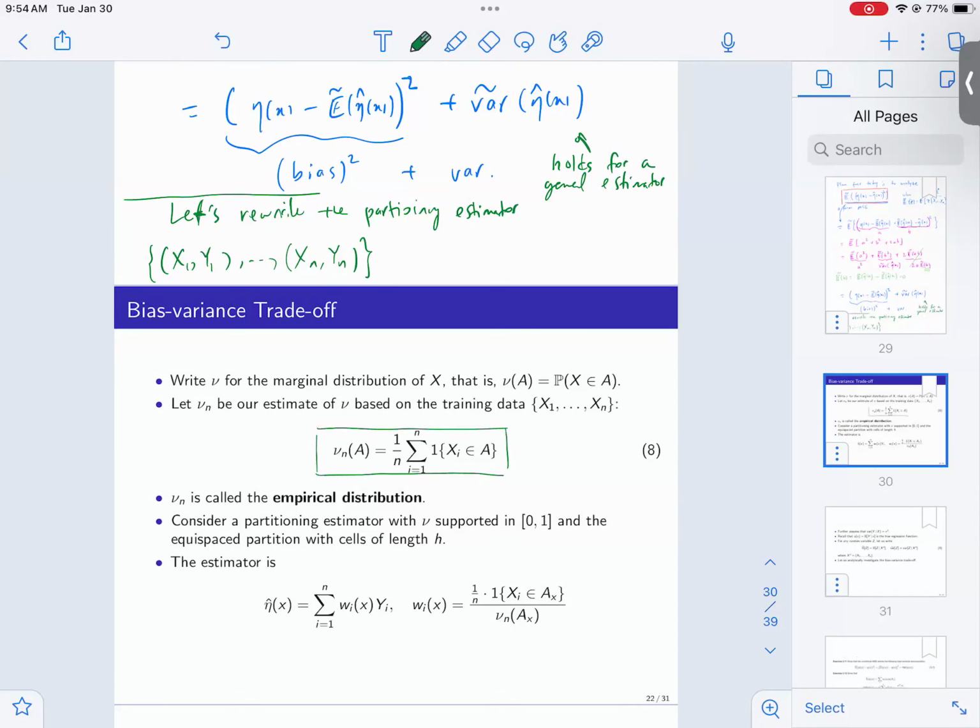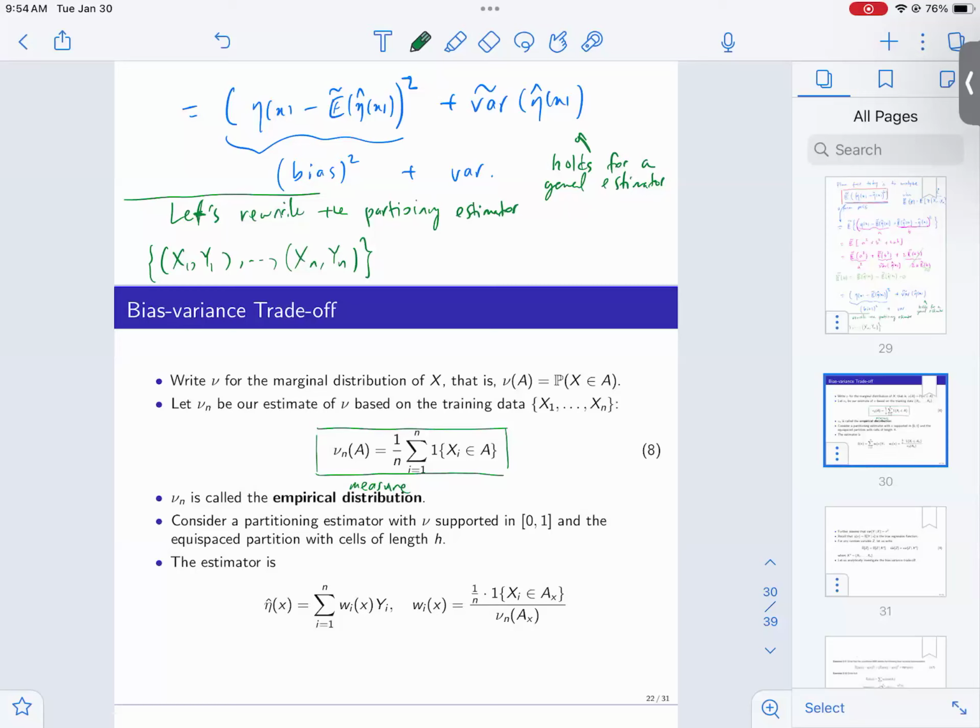If you give me a set A, we count how many of the xi's are in A, divided by n: the proportion of xi's that fall within A. This is called the empirical distribution of the xi's, sometimes called the empirical measure, if you know measure theory. This is a good approximation of the distribution of the xi's.